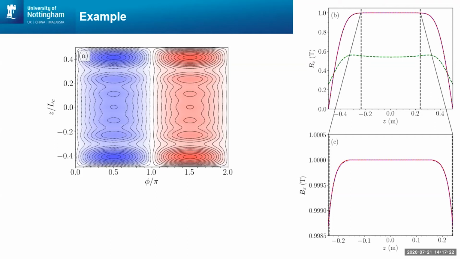And on the figures on the right, we've calculated the magnetic field in 3 different ways. We've calculated the green dashed, showing the Biot-Savart law without the interaction of the high permeability material.